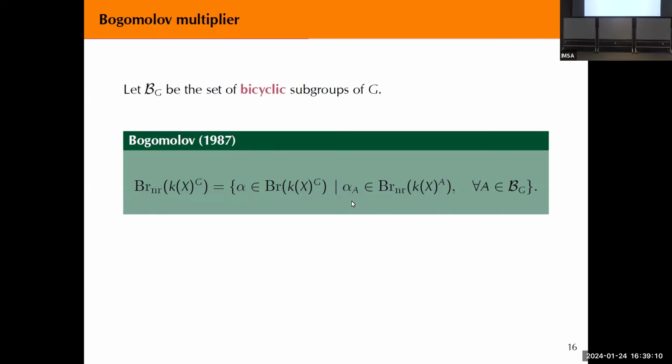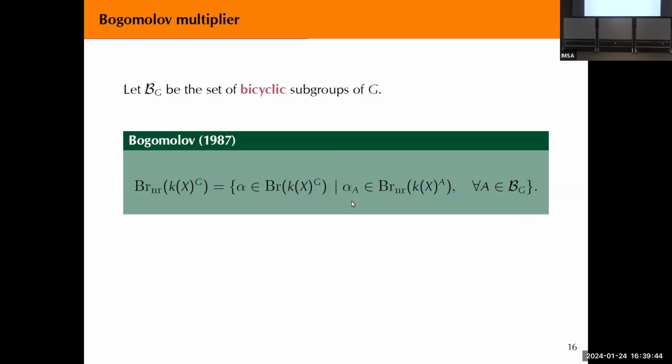And Bogomolov proved the following very general result: that the unramified Brauer group of a quotient, a field of invariants for any action, consists of all the classes in the Brauer group such that the induced class alpha_A in the Brauer group of a different field of invariants, namely the Brauer group of K(X) invariants under A, where A is one of the bicyclic subgroups, is unramified.